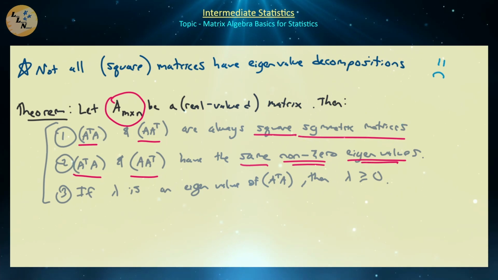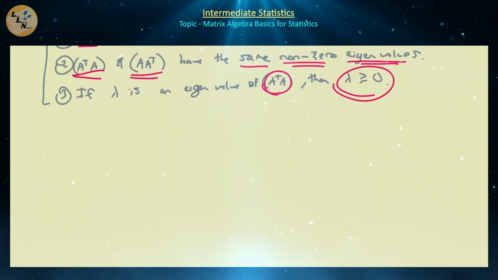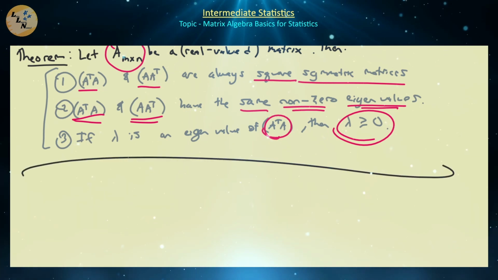Also, if lambda is an eigenvalue of A^T A or A A^T, then all of the eigenvalues are always non-negative. Sometimes we refer to the matrices A^T A and A A^T as semi-positive definite matrices because they satisfy this inequality for their eigenvalues. Alright, now that we have those basic theoretical principles down, let us introduce the decomposition for all matrices.